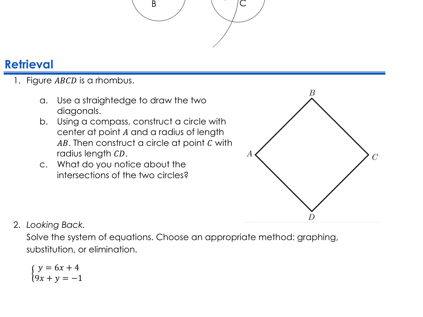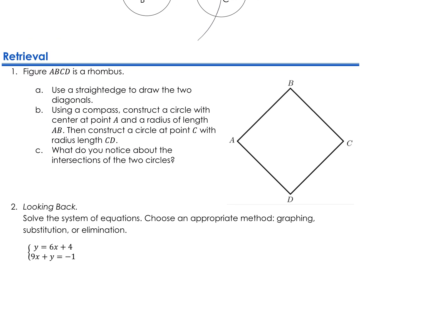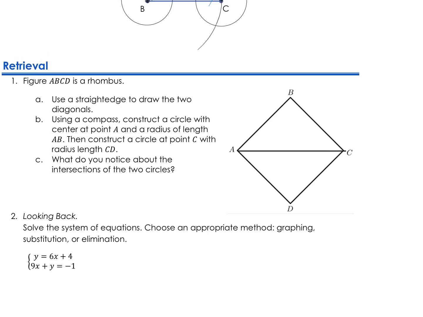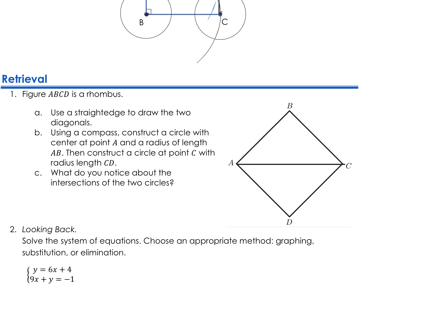All right, if we take a rhombus here, a little more practice. If we take our rhombus here and we draw in our diagonals, so we have AC and we have BD, okay? And then we take our compass and we open it up to AB, and we're going to draw a circle centered on A. So there's our circle centered on A, or the part of the circle that we need.